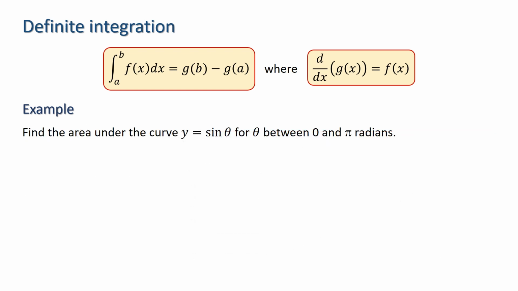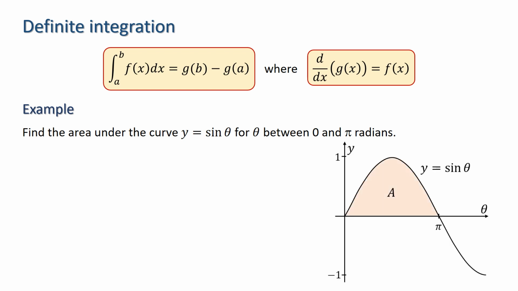Let's do one more example. Here we are asked to find the area under the curve y equals sine theta for theta between 0 and pi radians. Let's have a look at what that looks like. So, the area A equals the integral between 0 and pi of sine theta d theta.